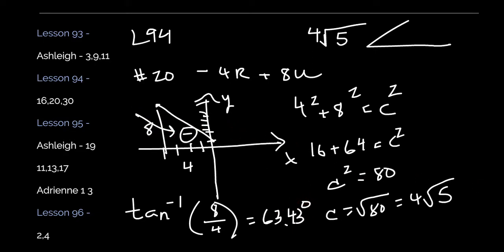When they're putting it in polar form, we want this angle. So I need to subtract that angle from 180 to get our final answer, which is going to be 116.57 degrees. And that's your final answer for that. And then finally for that lesson, we have lesson 30.